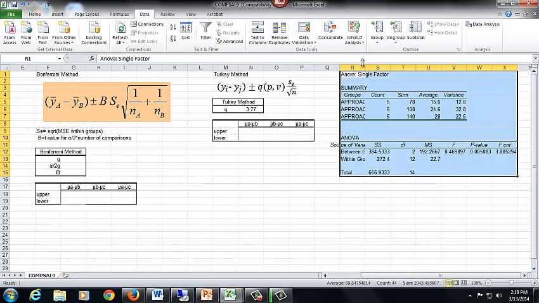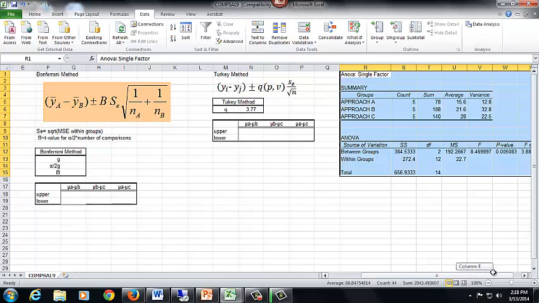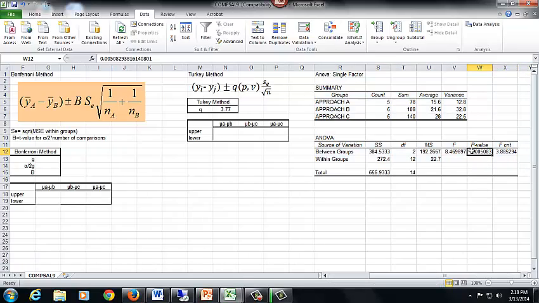All right. And here I'm going to look at that p-value. It's less than 0.05, so I'll reject H0, and I'll say that there is a difference in the 3 sales approaches. Looking at the averages, I can see that approach C looks like it's best, but I can go a little bit further than that.